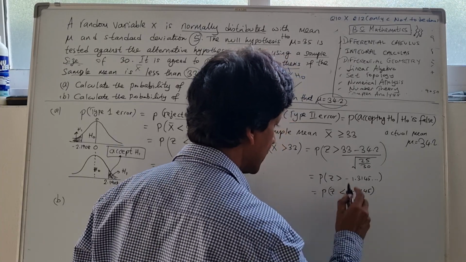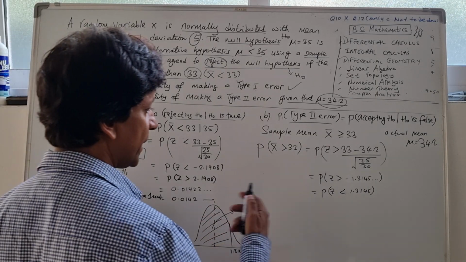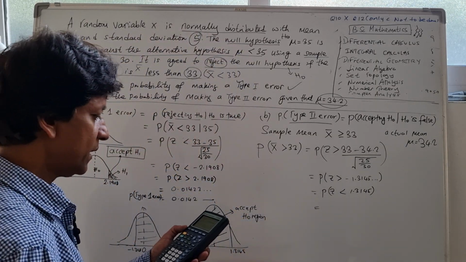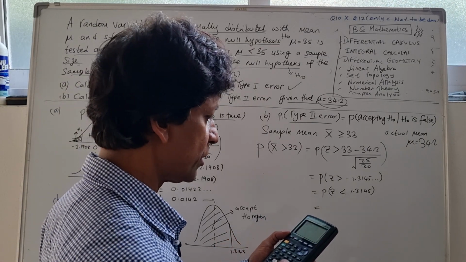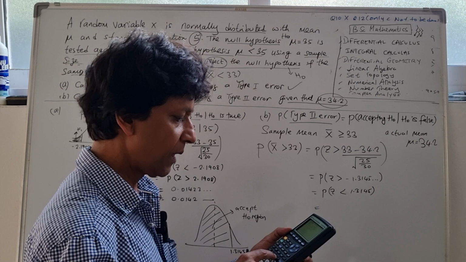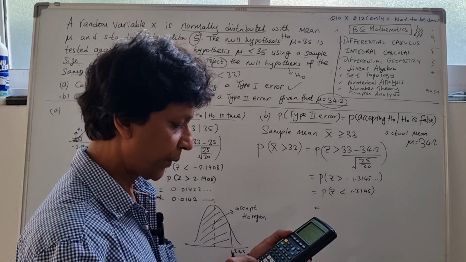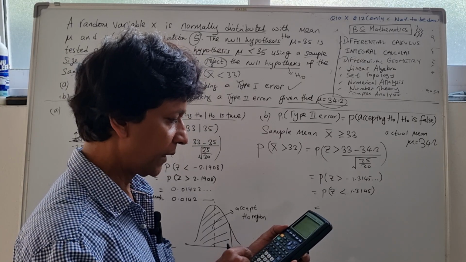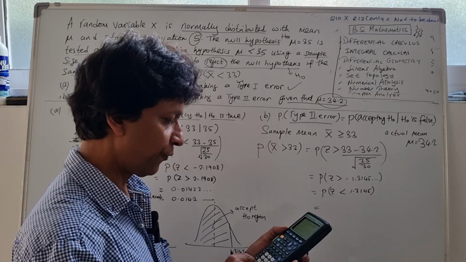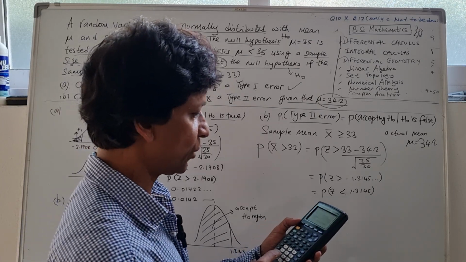1.3145. You can look at this value from your table to find its probability, but I'm going to look at the calculator here. So I'm just going to go into the distribution, normal distribution curve, and for cumulative, we're looking at 1.3145 and 500.